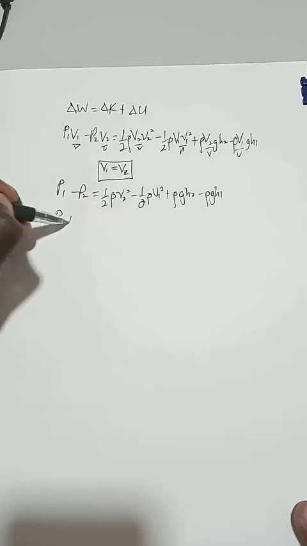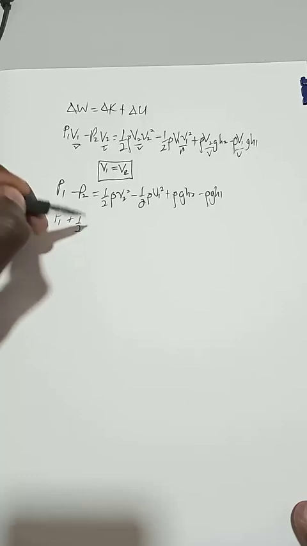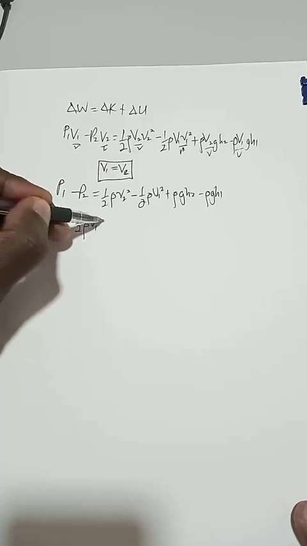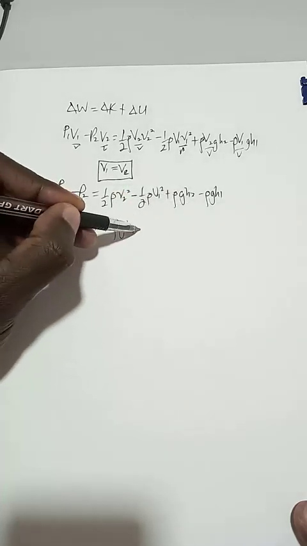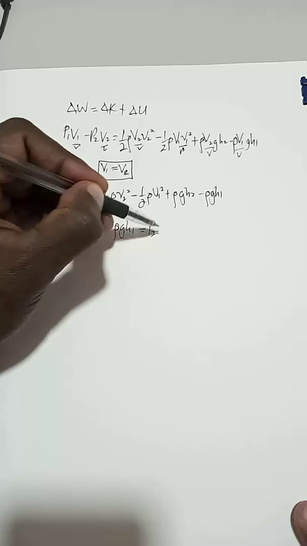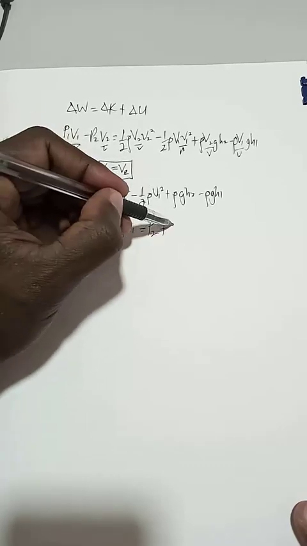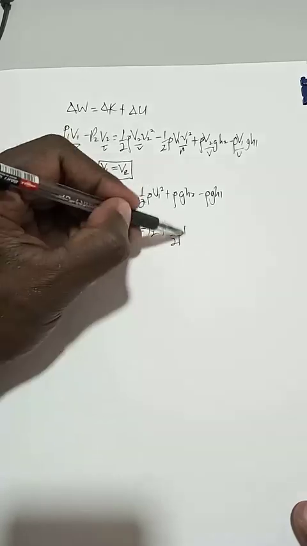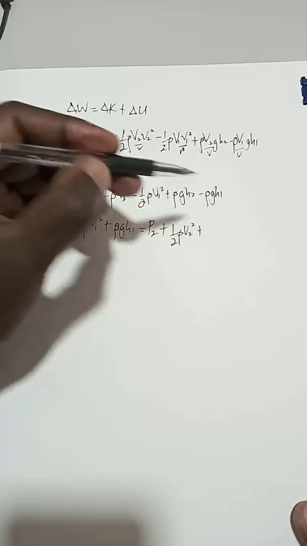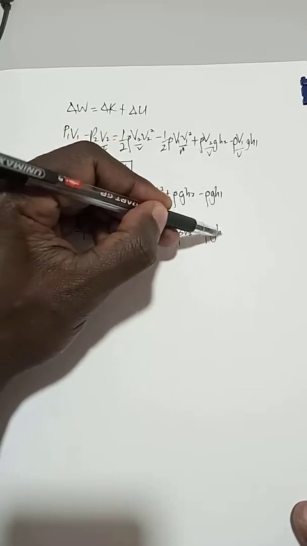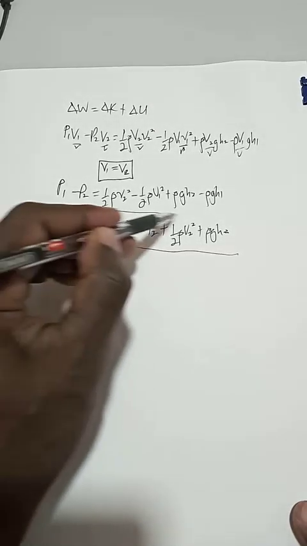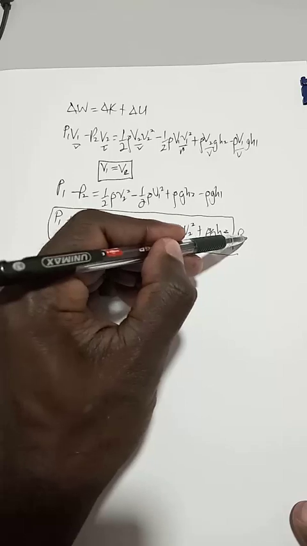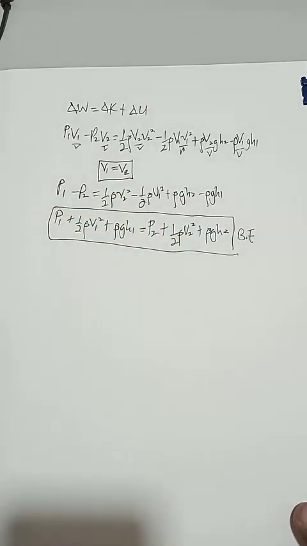So P1 plus half rho V1 squared plus rho g h1 is equal to P2 plus half rho V2 squared plus rho g h2. This is the Bernoulli equation.